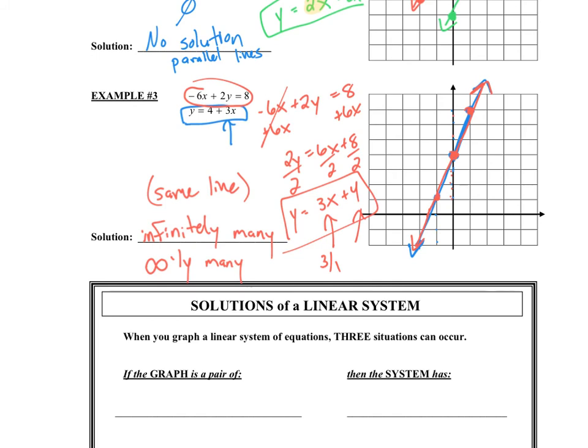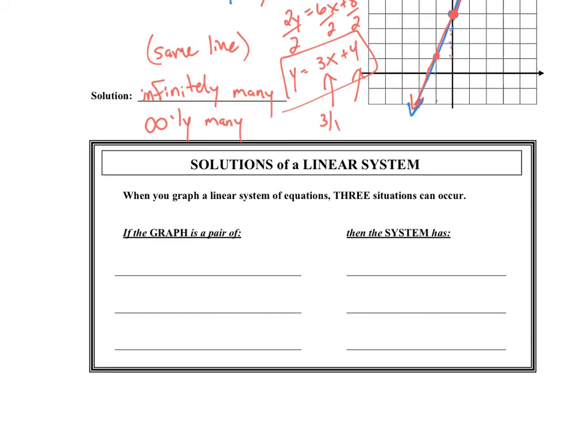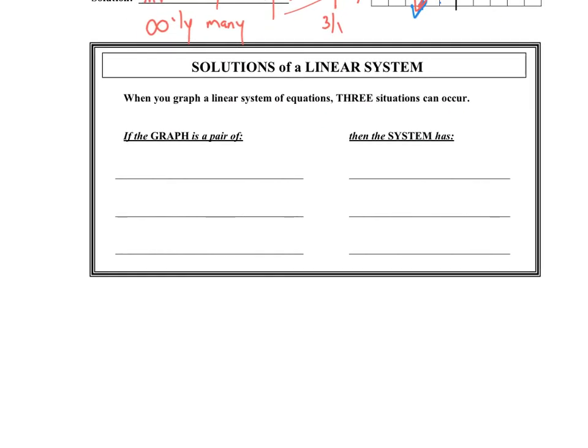All right, and then the last part, a summary of today. So what we learned is that if the graph is a pair of intersecting lines, intersecting lines is where lines cross once, then we know the solution is one ordered pair.